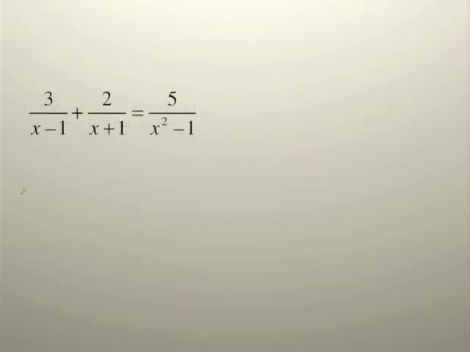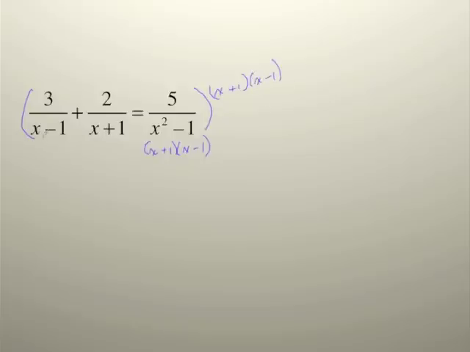This equation, we have to find the common denominator. We got x squared minus 1. Do you remember your factoring? That factors into x plus 1 times x minus 1. So our common denominator here is x plus 1 times x minus 1.